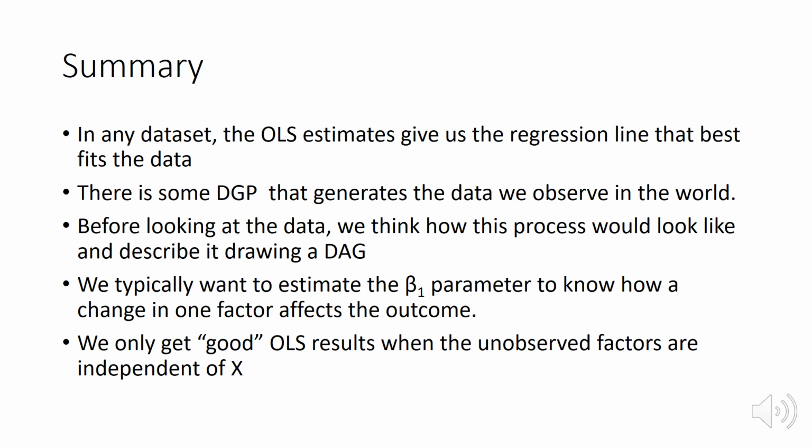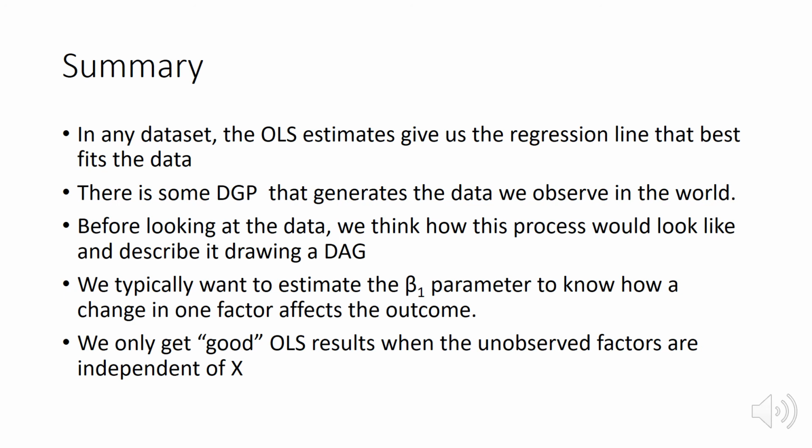But in order for this to be interpreted as causal, we need unobserved factors, that U, that nuisance term, to be independent of X. And by independent of X, this is our identifying assumption. Remember, we're talking about identification strategies here. Our identifying assumption is that on average, everything in all other stuff, everything in U, on average is equal whether or not we know anything about your student-to-teacher ratio, or whatever our treatment variable is.